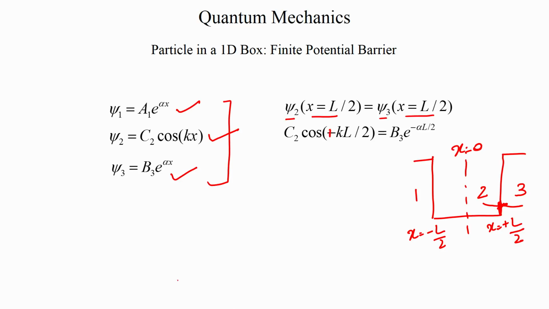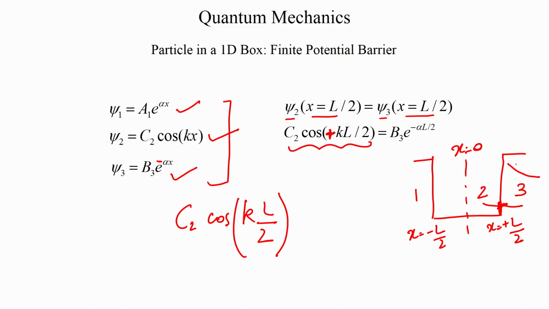Now what is psi 2 at x equal to L by 2? You have C2 cosine k L by 2, that is my psi 2. This is a typo, please pardon me, there should be a plus here. And what is psi 3? Psi 3 is given by b3 e to the power minus alpha x.